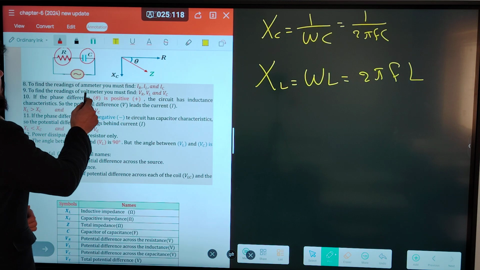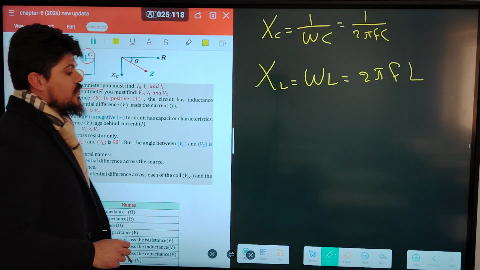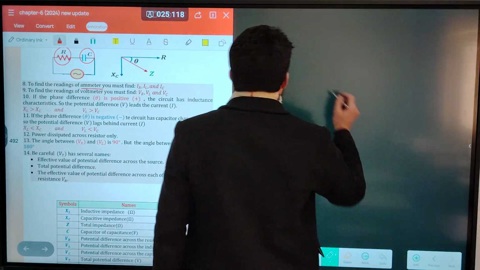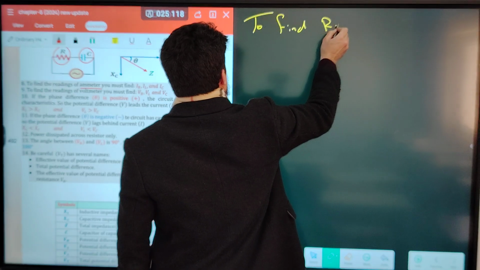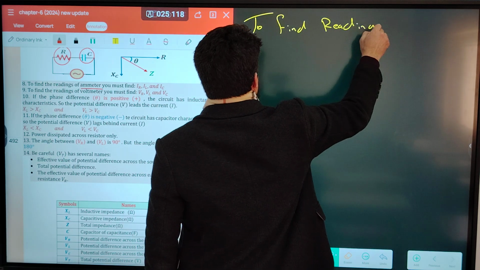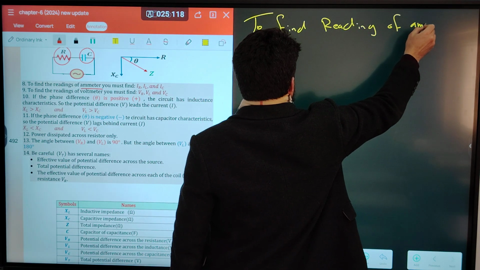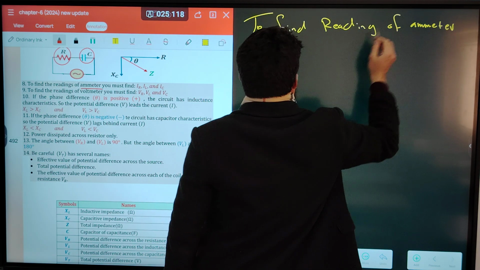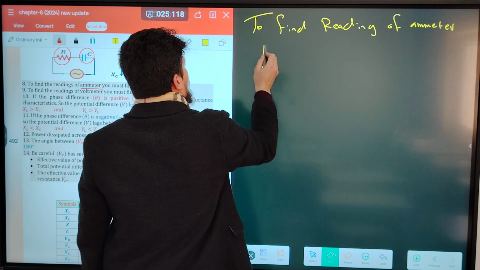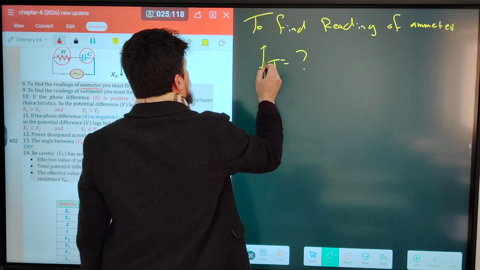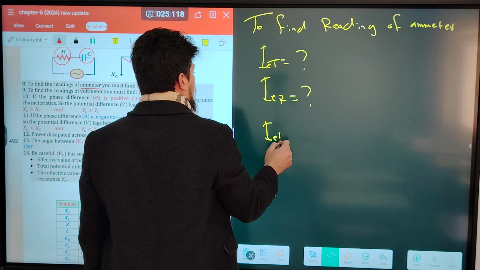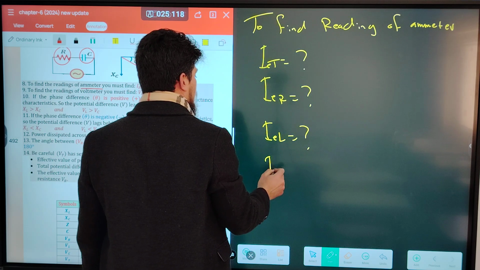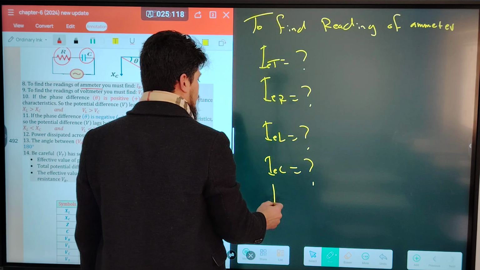To find the reading of the ammeter, if the question asks us to determine the reading of the ammeter, it means you have to find I effective total, I effective across R, across L, across C, okay?